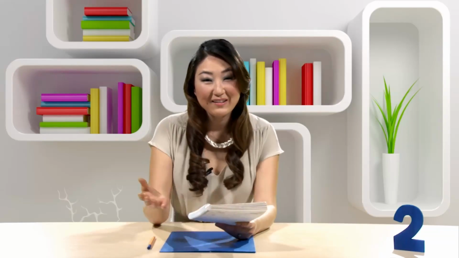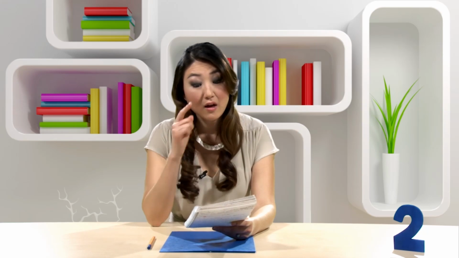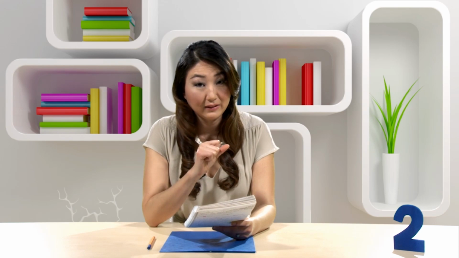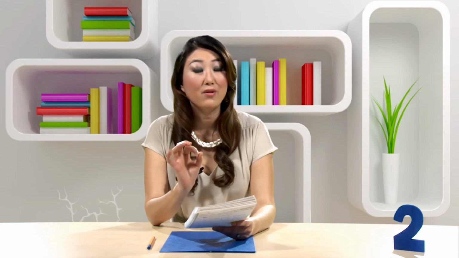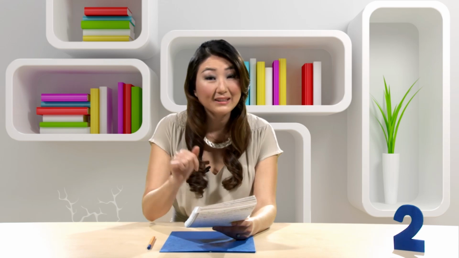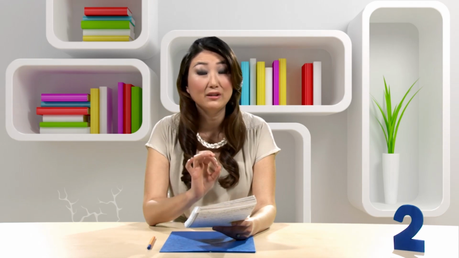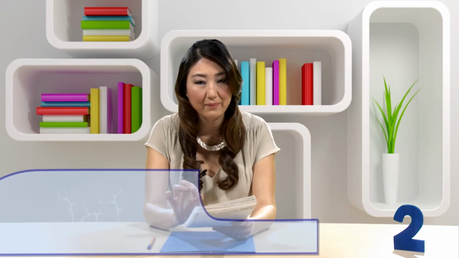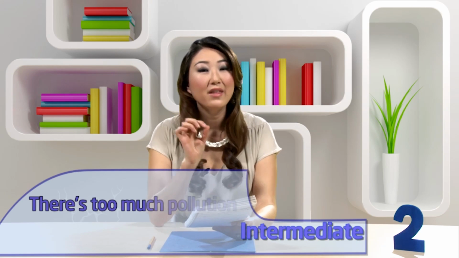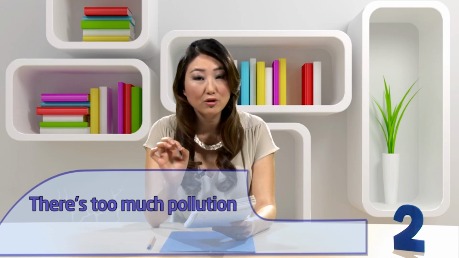Hello and welcome to another class. Let's begin. First, we're going to look at the sentence: There's too much pollution because there are too many cars in this city. Hay demasiada contaminación porque hay demasiados coches en esta ciudad. La primera parte es there's too much pollution.